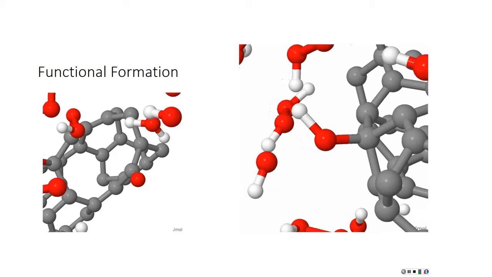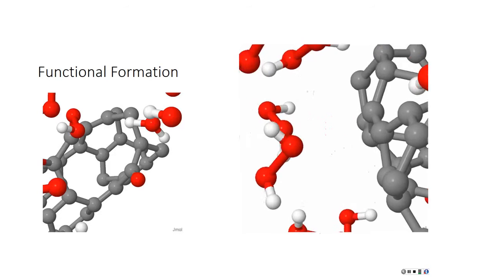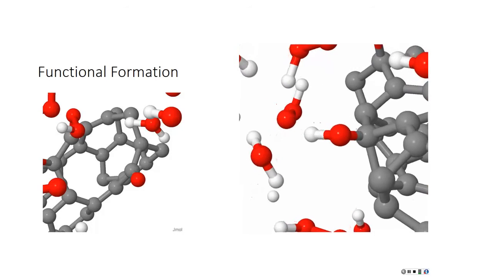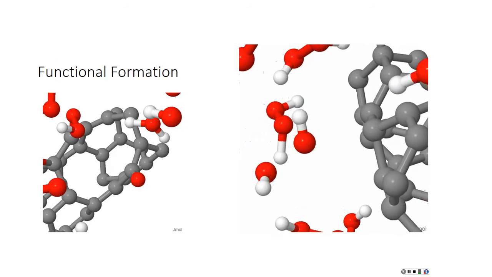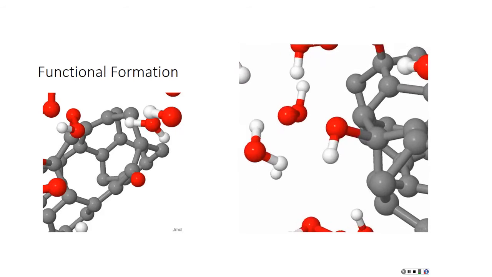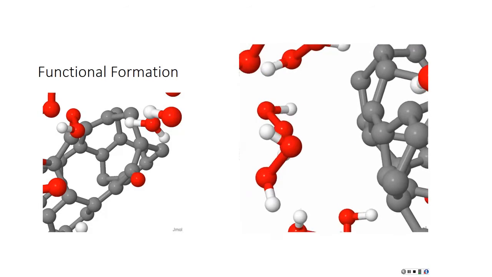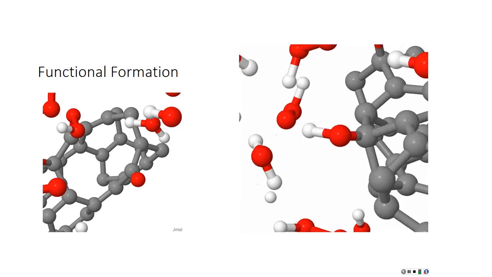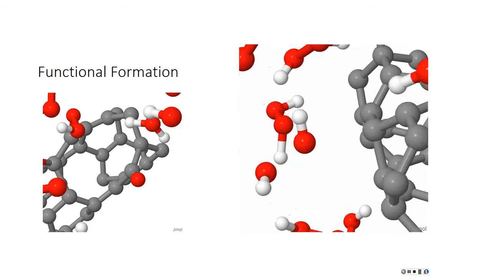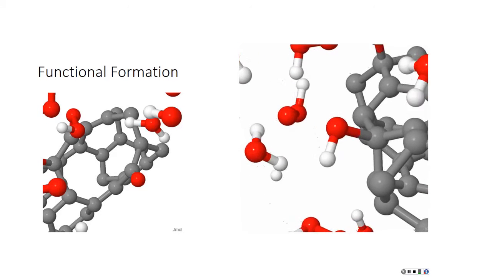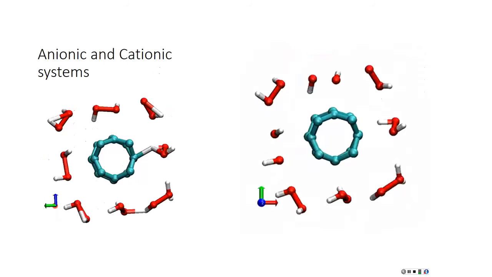And in this still frame here, it's kind of hard to see, but the 6-member ring on the carbon nanotube was functionalized with 3 different oxygens, and it actually broke and created a hole on the nanotube without dissociating a carbon off of the nanotube. I also looked at the system under both cationic and anionic states.